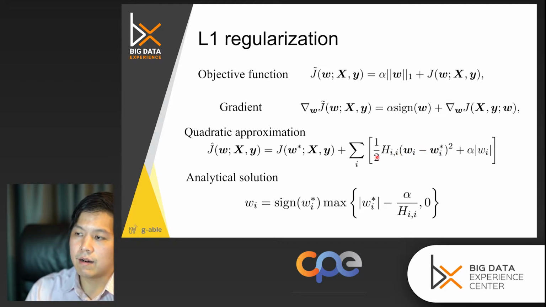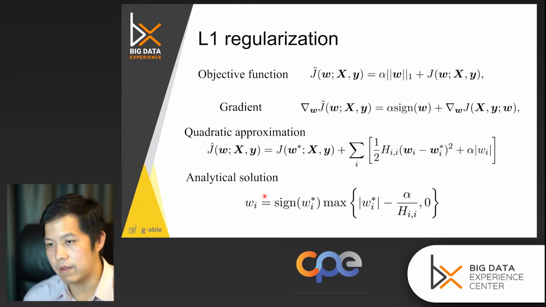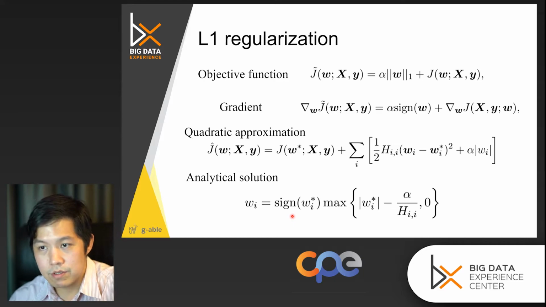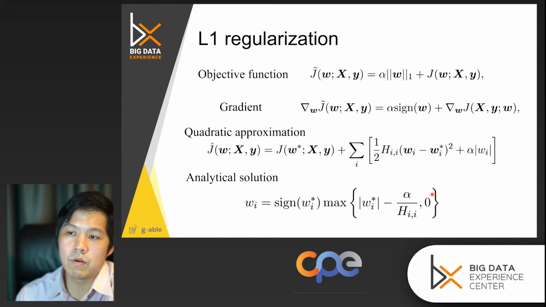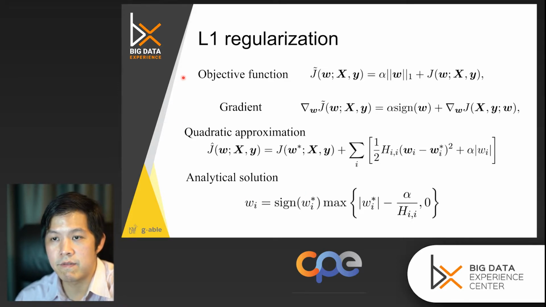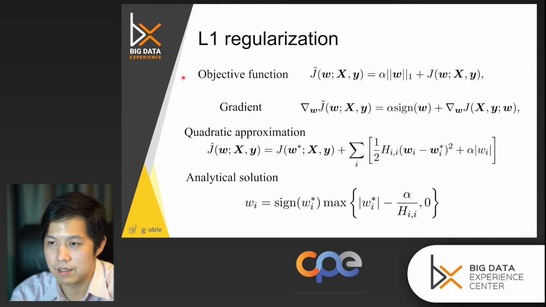So from this one we can take derivative by WI and then solve to find an analytic solution down here. So that's how this can be obtained. Although in reality for the L1 and L2 we usually just specify the criteria, and you have done that already for the L2 in the logistic regression.